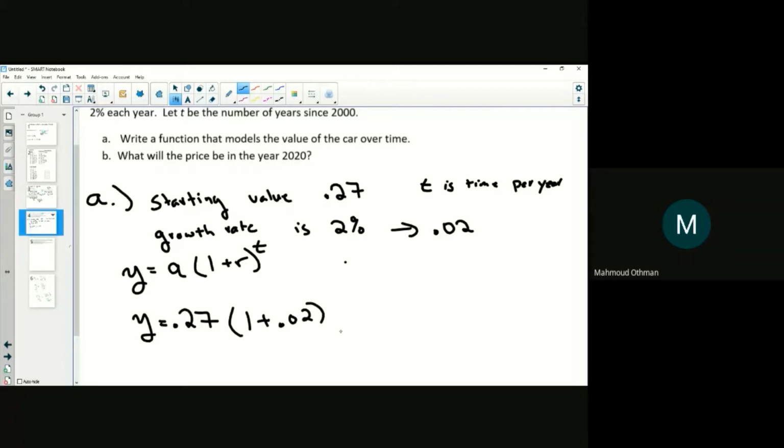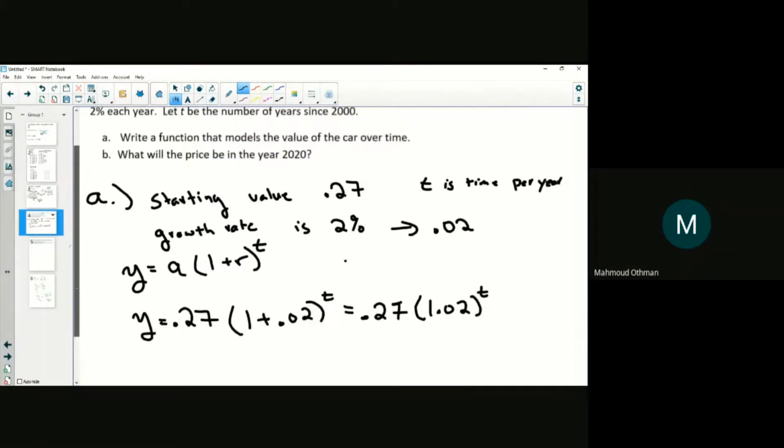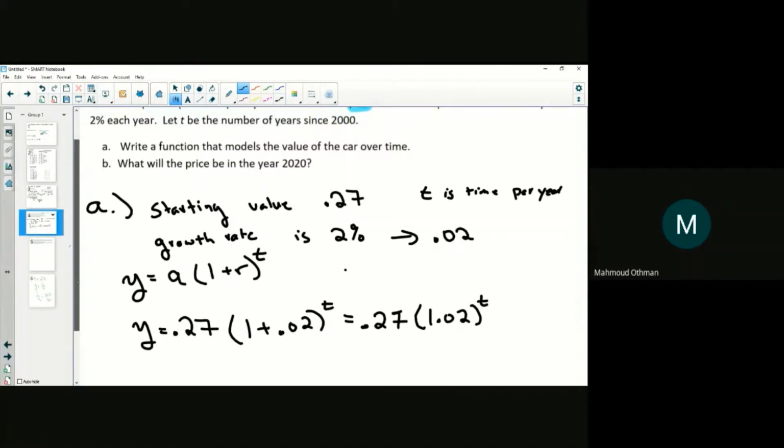And this whole thing right here is going to be my growth factor raised to the time function, which is going to equal 0.27 times 1.02 to the t. And that's my equation, or my function.